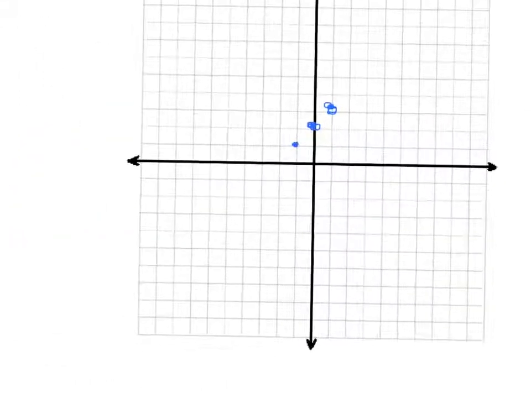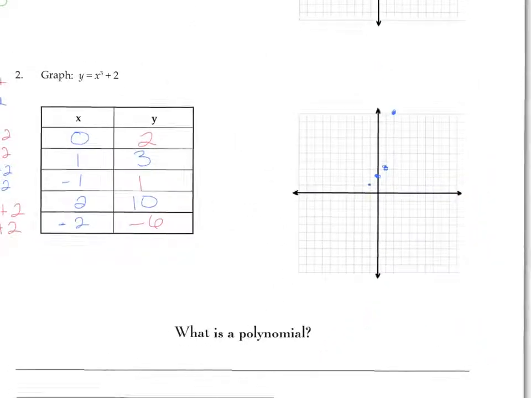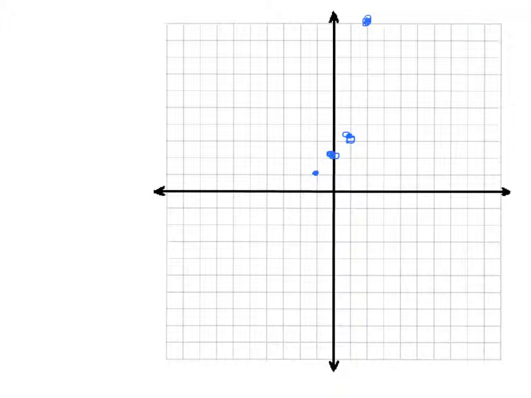2, 10. So 2, 10 should be right up here. And negative 2, negative 6. Let's see.